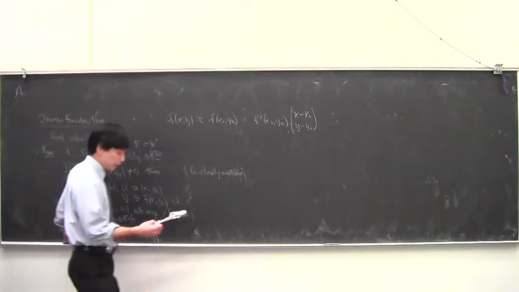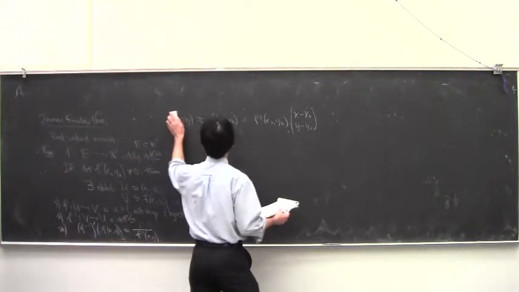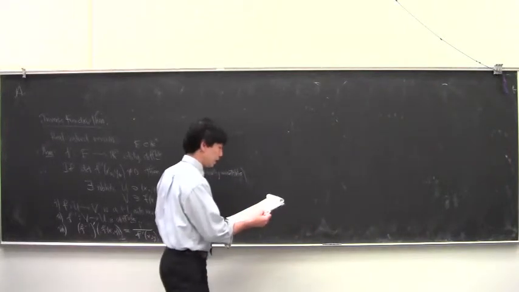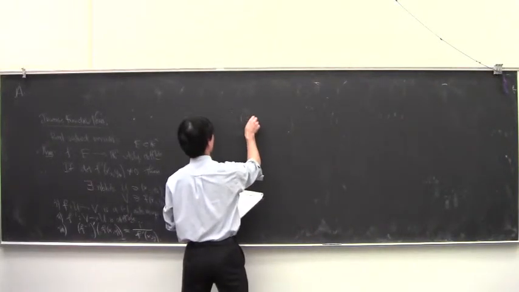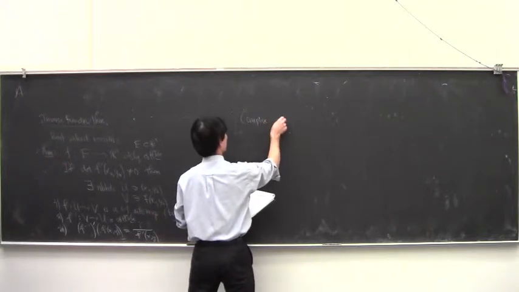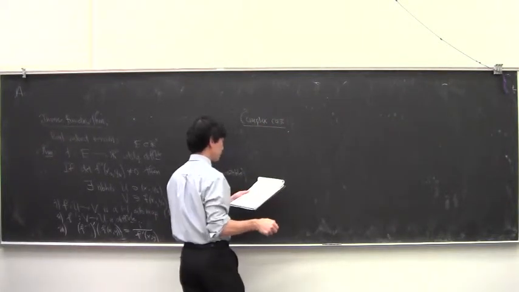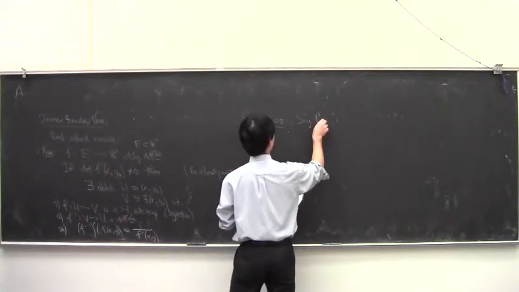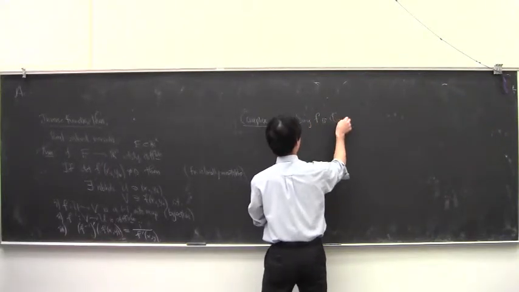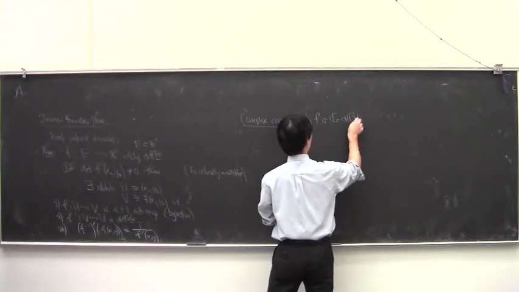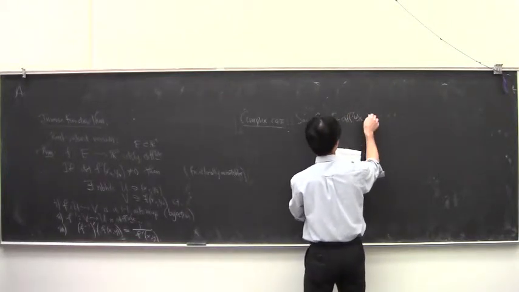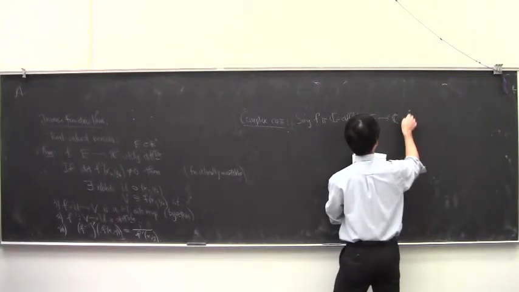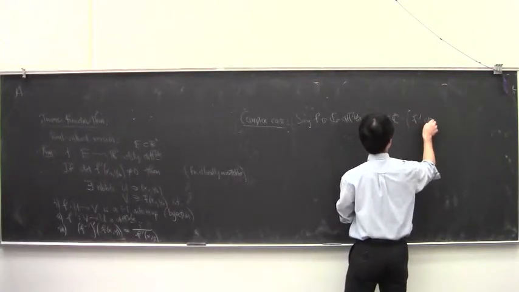And then if you want to think about it, think about the complex case. In the complex case, say that f is complex differentiable from E to C again, and that f prime is continuous.